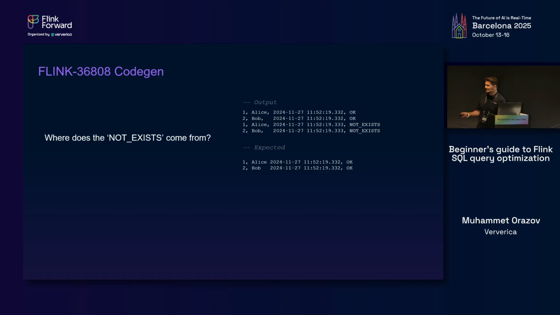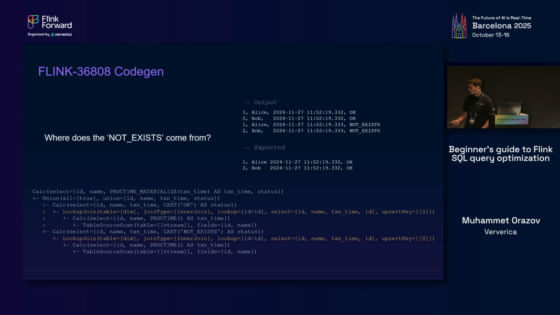So that's what was happening here. But again, the question is, why do we have this not exist in the result? Where does that come from? Then we are in the codegen part. We have the lookup join, and then we have the calc operator just after the lookup join.